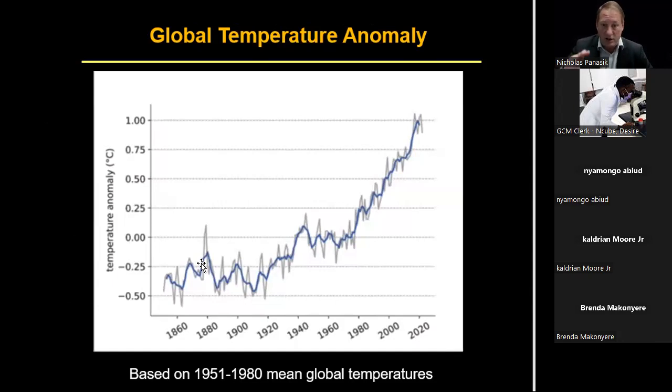And so how they calculated this again is they looked at 1951 through 1980, and for each thermometer station they've got a record, and they calculate the average between 1951 and 1980 for that thermometer at that station, and they come up with an average. Different stations will have different averages because of their absolute temperature.